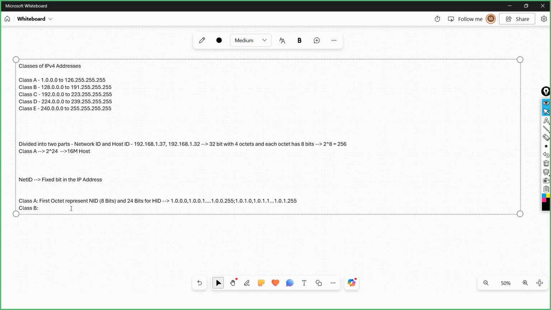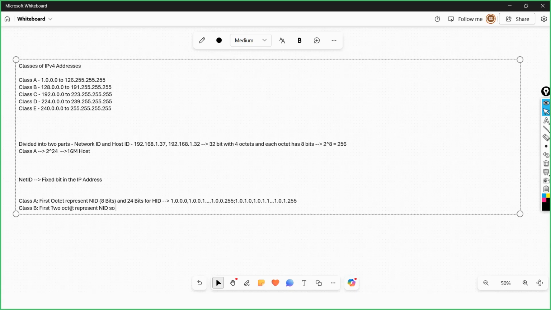In class B, how many will be the host ID, how many will be the network ID? Okay, let me tell you. In class B, the first two octets represent the network ID. So, yes, Daniel is right, 16 bits.